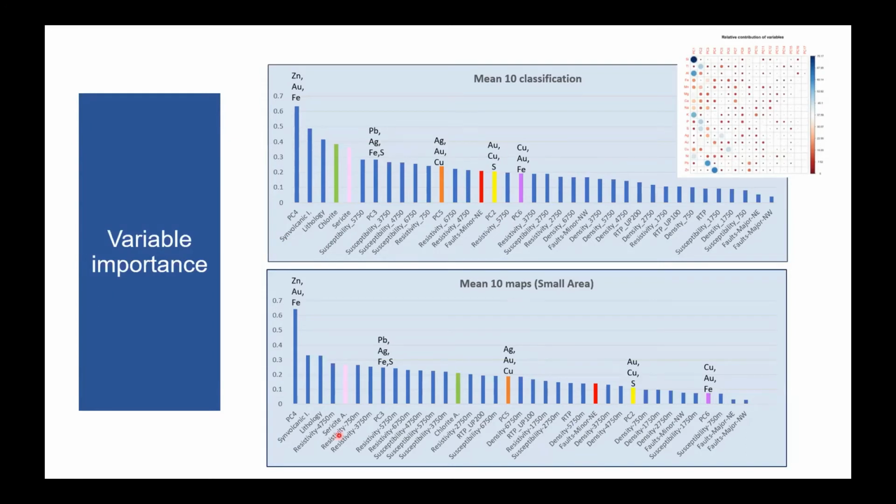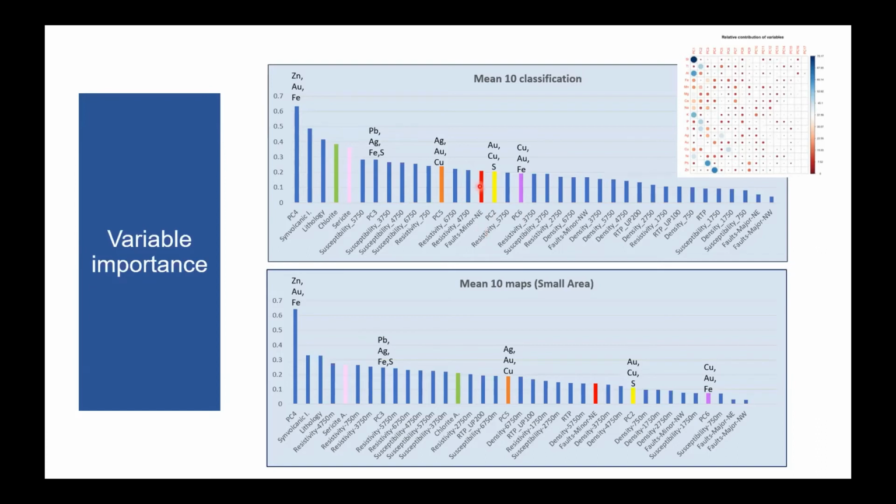Except for PC4, proximity to volcanic intrusions, lithology, and chlorite and sericite, the other variables showed somewhat different importances, especially chlorite, which had a high predictive power in the large area, now gives a moderate importance.